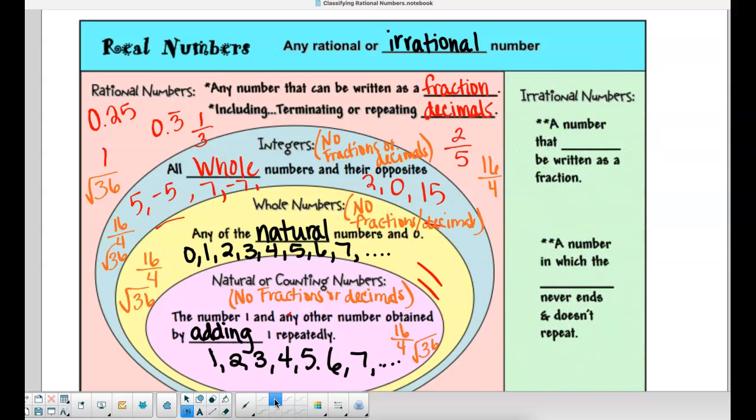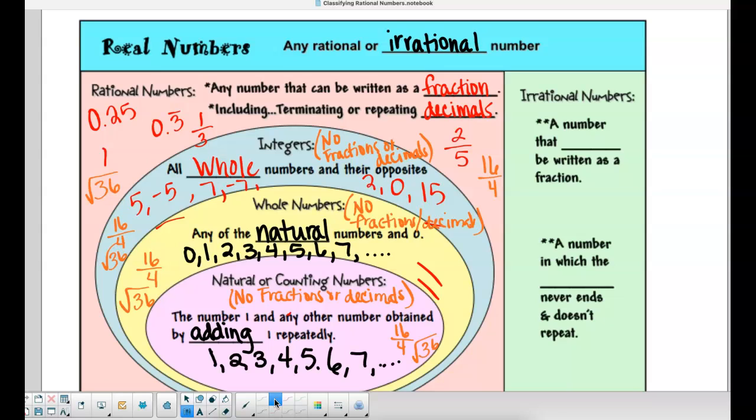Okay, a number cannot be both rational and irrational, just like you cannot be both rational and irrational at the same time. Think about that. If somebody is acting irrationally, what does that mean? It's kind of crazy, right? I act irrationally sometimes when my kids are really making me mad and I lose my cool.